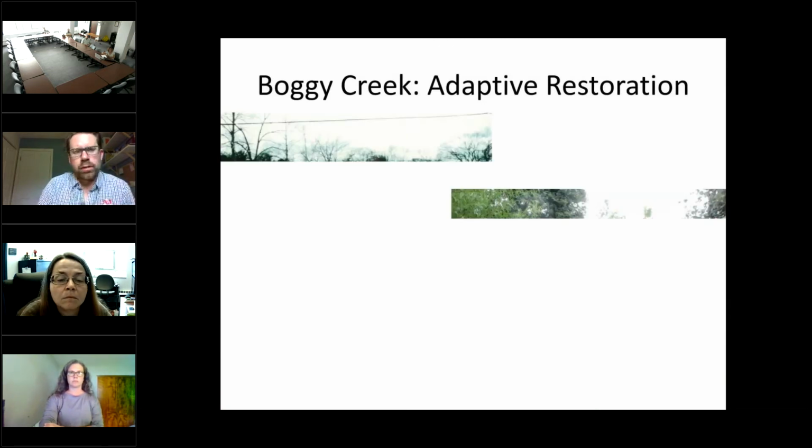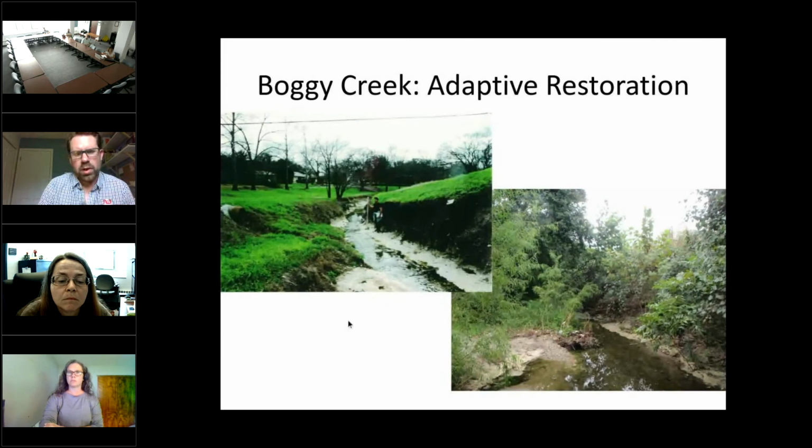This is another one from Austin I was involved with. A photo on the left here, I think it's from 1997. This just shows a stream channel that had a lot of erosion, undercut banks. It was mowed right up to the edge of the stream channel. So we actually did a variety of adaptive restoration approaches here. Step one is we just removed the mowing and the disturbance, so we allowed plants to kind of grow in naturally. And then after that happened, we started to do some invasive species control work.